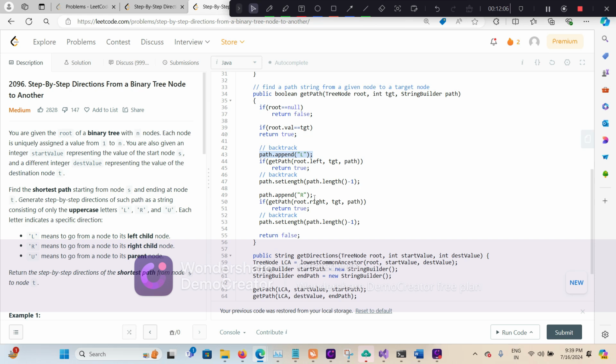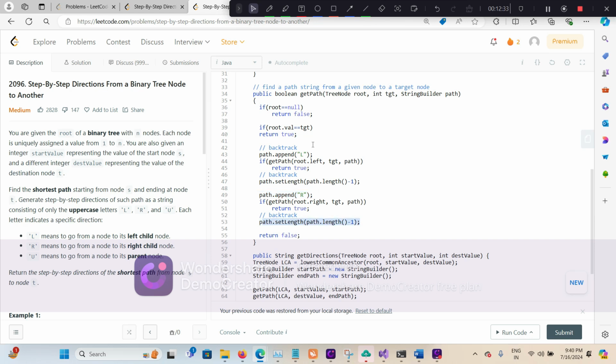Then we call on the right side. If we are not getting the desired answer on the left side, then we have to go to the right side. Obviously before going to the right side, we have to append 'R'. Then we check whether we get it on the right side. If we get it, we return true. Otherwise we again make the backtrack step, undoing whatever R we added by removing the last element from the path variable.